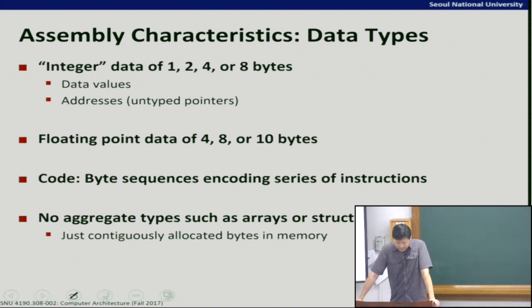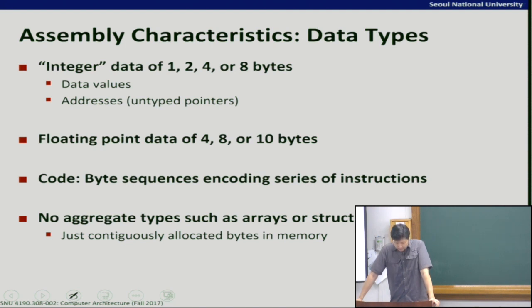In assembly language, there are certain constraints, and it only supports a limited number of data types. Integer data of 1, 2, 4, or 8 bytes. Not 16 or 24 or an arbitrary number; it can only support integer values of 1, 2, 4, or 8.